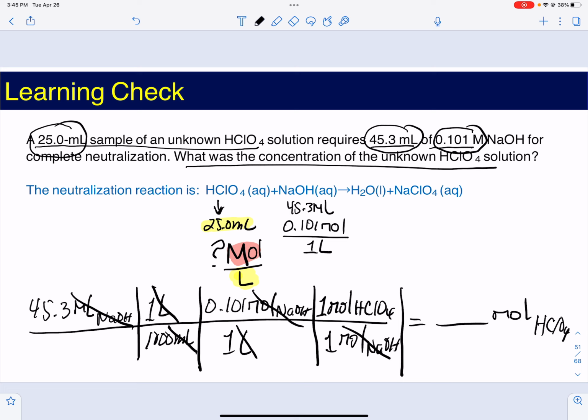And that's going to give me 0.0046 moles of perchloric acid.